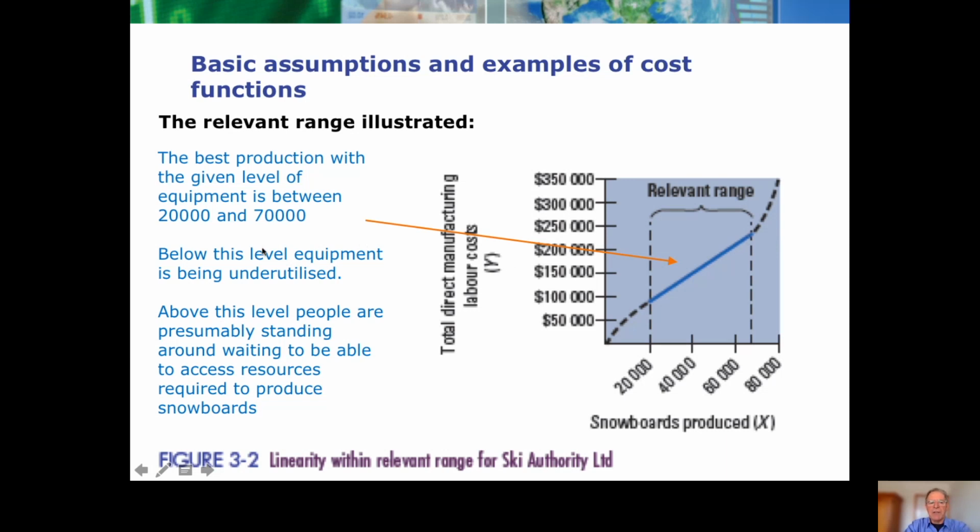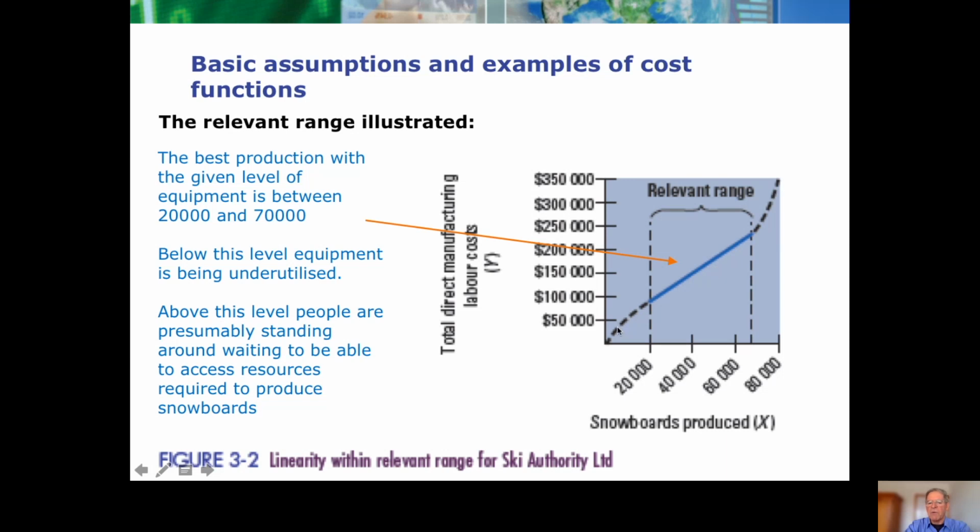With our given level of equipment and activity, if we go beyond that, there's not going to be enough equipment or room or space to get the job done. So we slow down, and it's costing us more to go beyond this level.